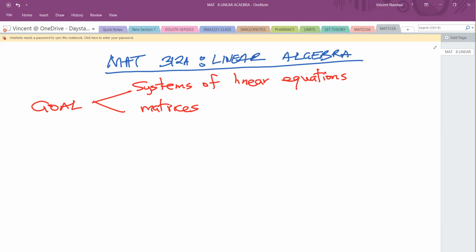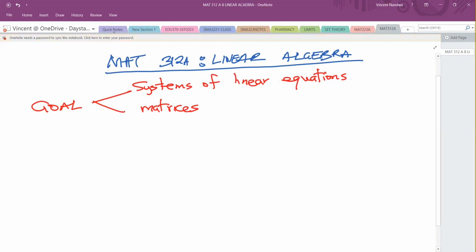All the discussions, or all the chapters we'll discuss, will be revolving around either solving a system of linear equations or doing computations involving matrices.